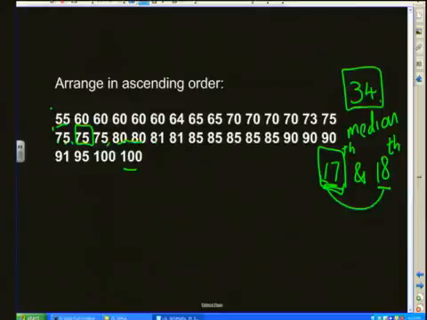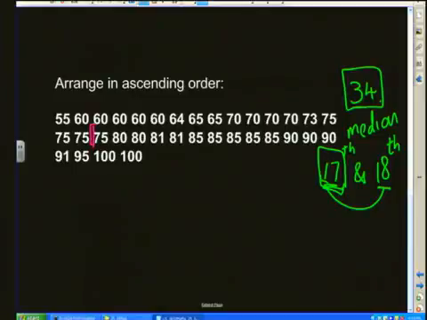Okay, so we count, we've got 34. When you get to this point here, 75, that's your second 75, that's your 17th value. So therefore the 75 next to it will be your 18th value. So what that implies is that our median is going to sit somewhere in between those two values.